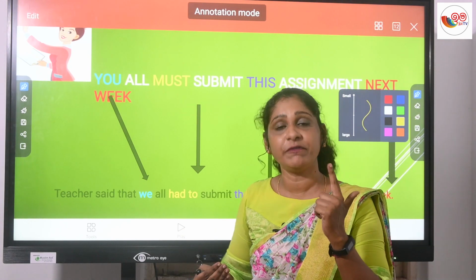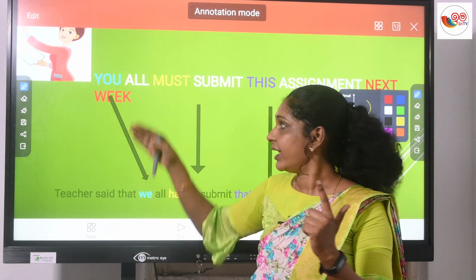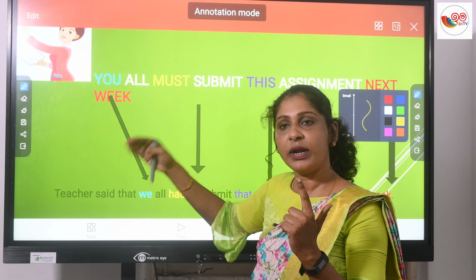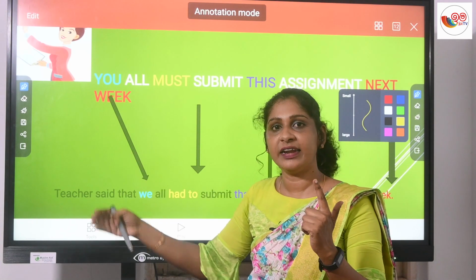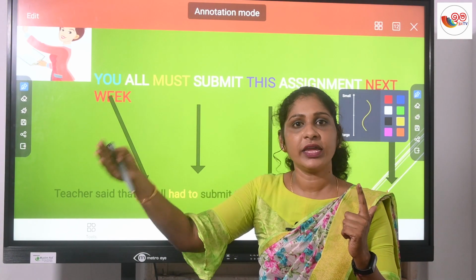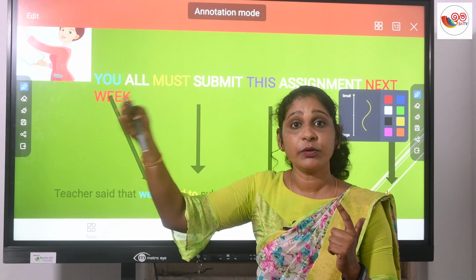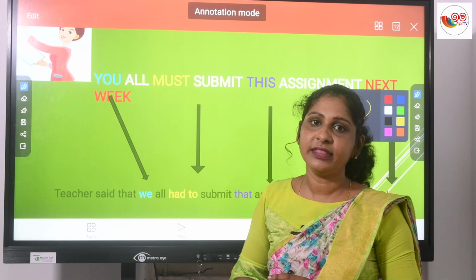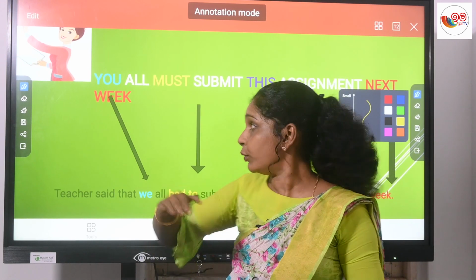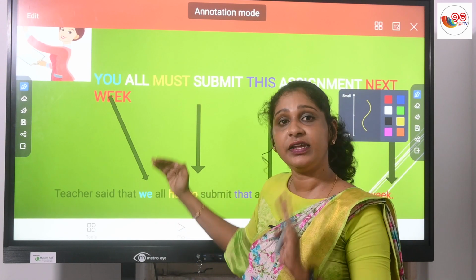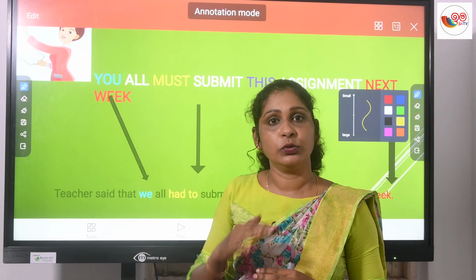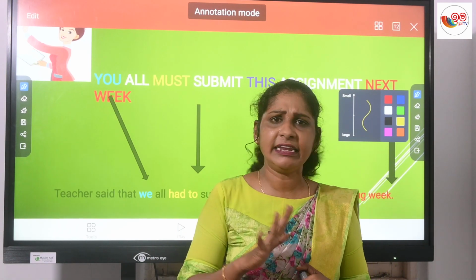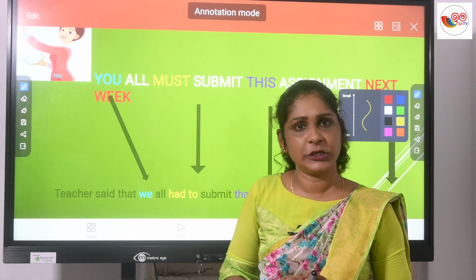What are the changes we have to write? And tense. One by one you have to study. If you have simple present, how can you change it? If you have simple past, how can you write it? Go through it. Definitely, I am sure if you do it this way, you will do your exam well. You won't make any mistake in reported speech.